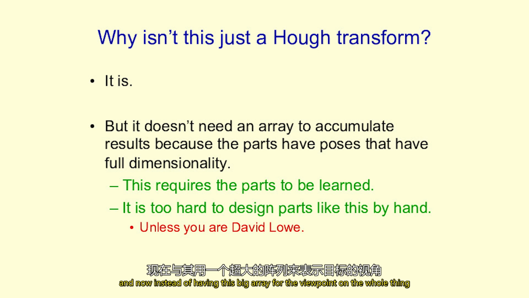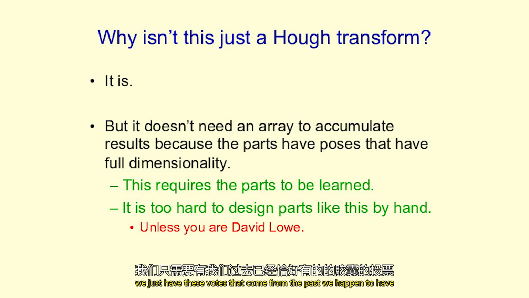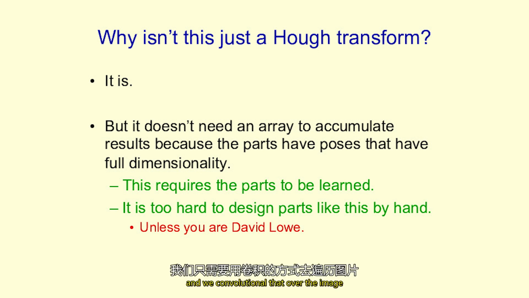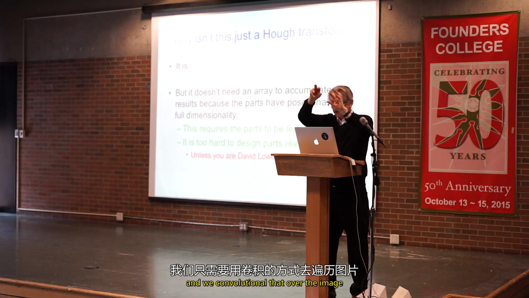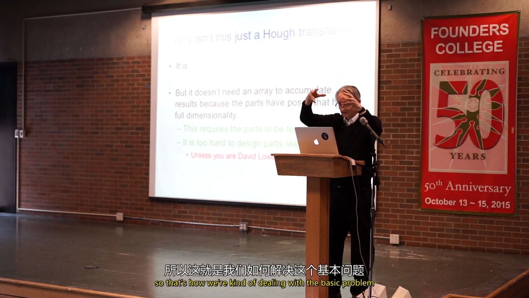And now instead of having this big array for the viewpoint on the whole thing, we just have these votes that come from the parts we happen to have, and we look for clusters among those votes. And that's how we get over the problem of having to tile a 6-dimensional space. Of course, we do this business of looking for votes in the 6-dimensional space, and we convolutionally tile that over the image. So we're doing it over the image, but for large things, it's coarse tiling.